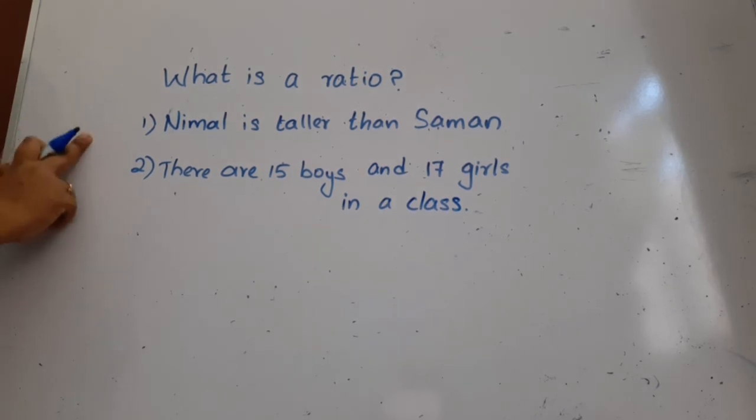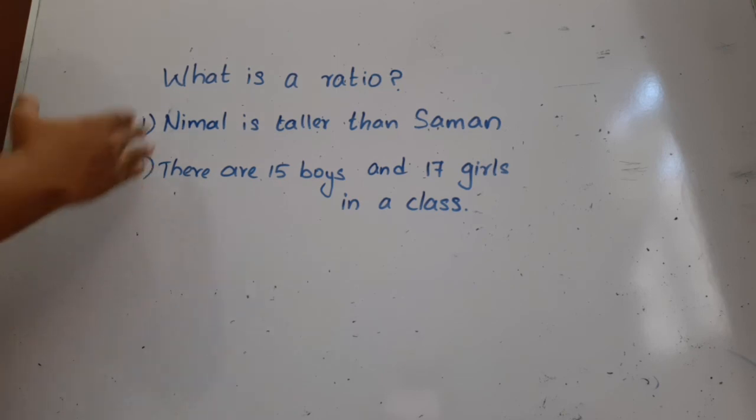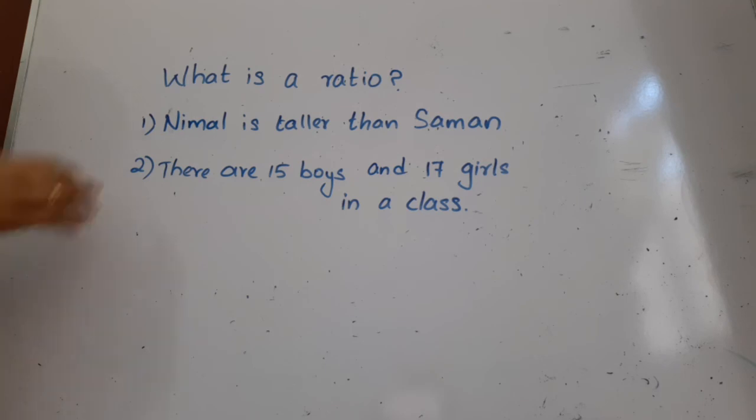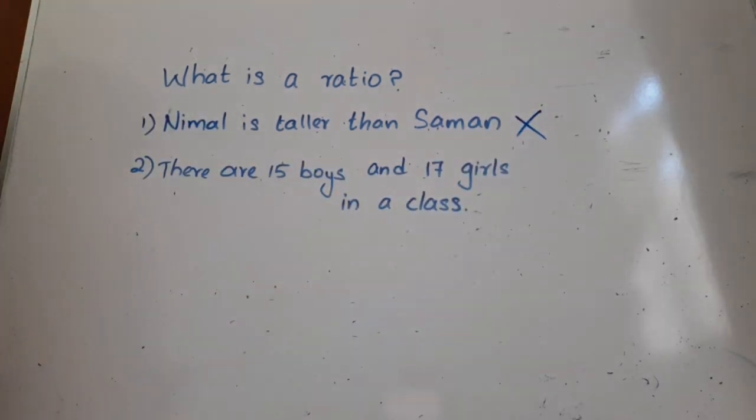Look at the first sentence in here. Nimal is taller than Saman. In this sentence, are there any numerical values? Even though they are comparing the height of Nimal and Saman, there aren't any numerical values to it, right? So, this cannot be given as a ratio.